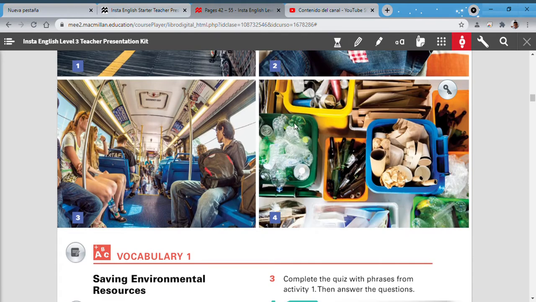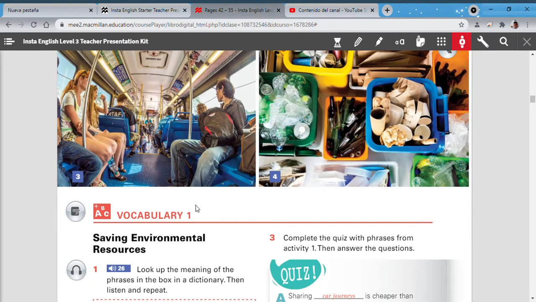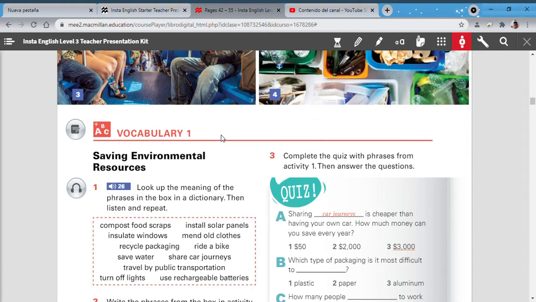Now listen. Remember, in this part you guess. Now let's see the vocabulary. Number 1, saving environmental resources. With this, we have some vocabulary, in this case phrases.